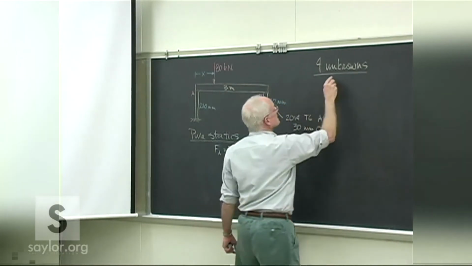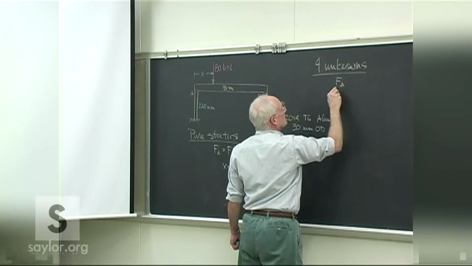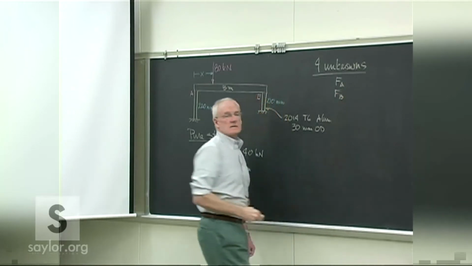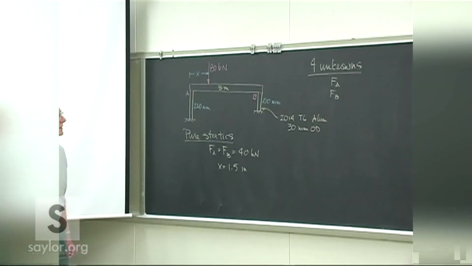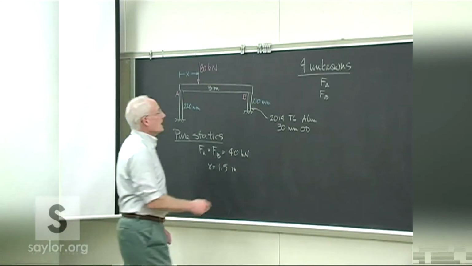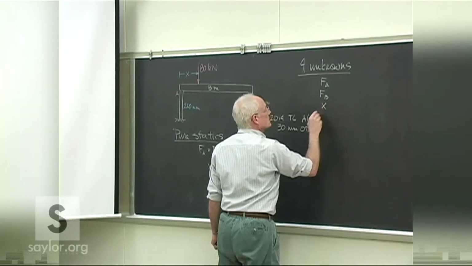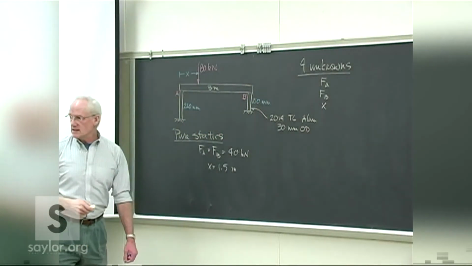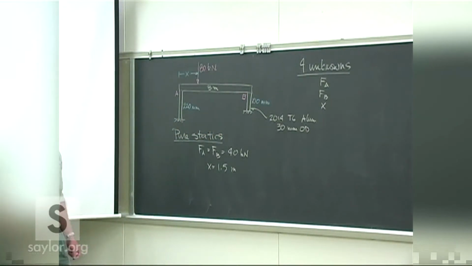So we actually have 4 unknowns. Of course, the reactions in the struts, but we also don't know where to place the load yet. What's the 4th unknown?